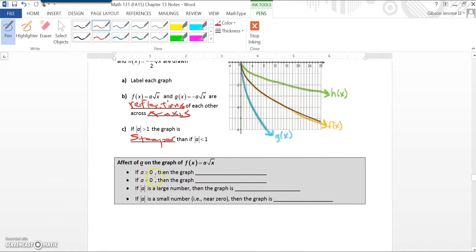If a is greater than 0, then the graph is increasing. So that's basically if this square root is multiplied by a positive number, then the graph is going to increase. Now, if a is less than 0, or we multiply by a negative number, then the graph decreases.